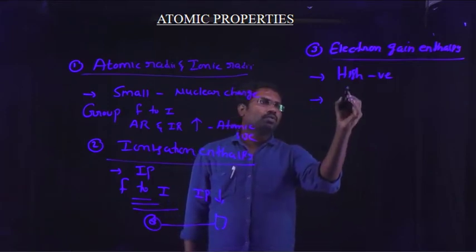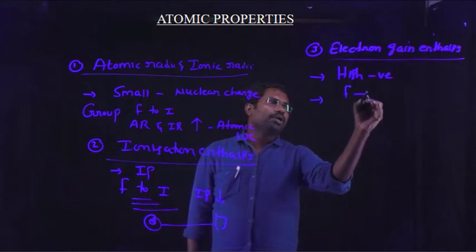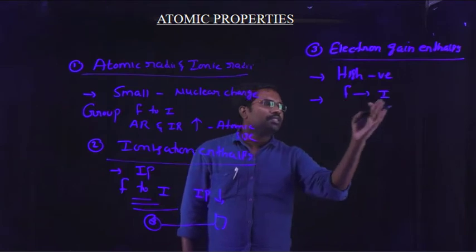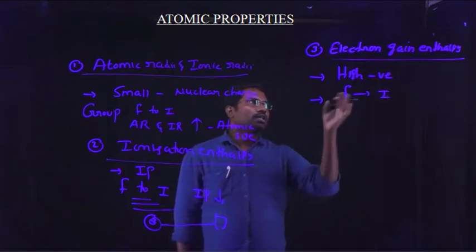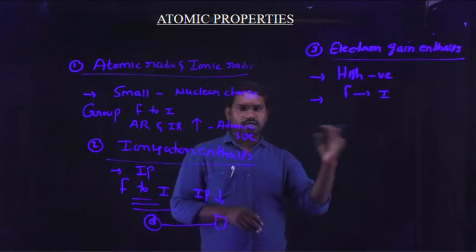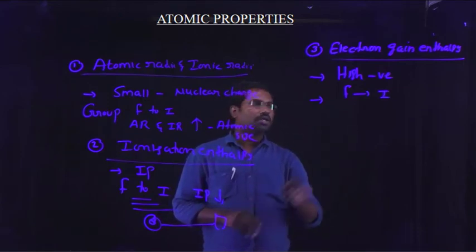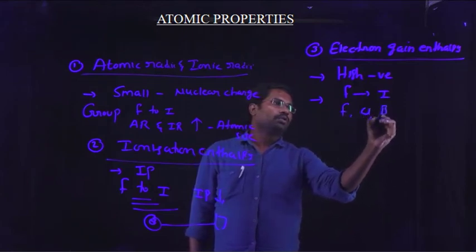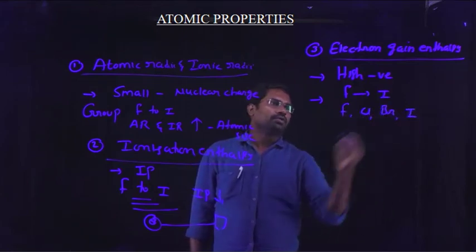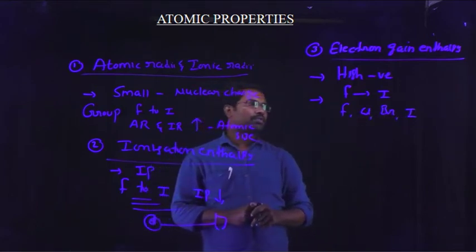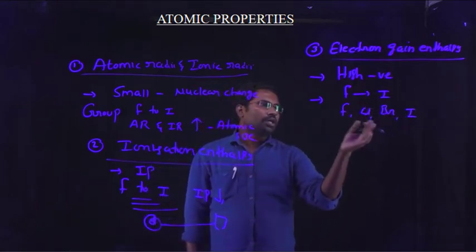But in the 17th group, from fluorine to iodine, atomic number increases as well as atomic size, therefore their electron gain enthalpy values decrease from fluorine, chlorine, bromine to iodine. Due to the large atomic size, the electron gain enthalpy values of the halogens decrease.